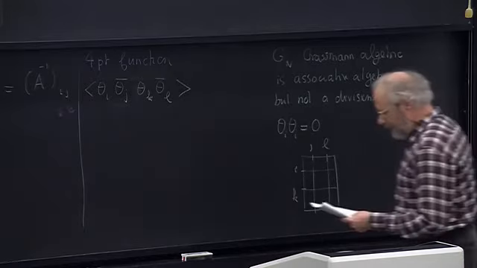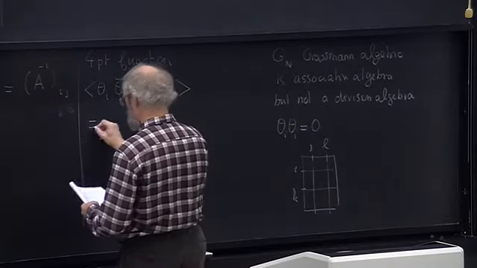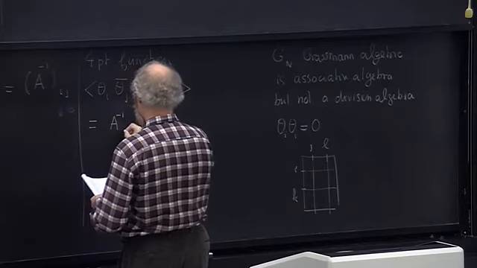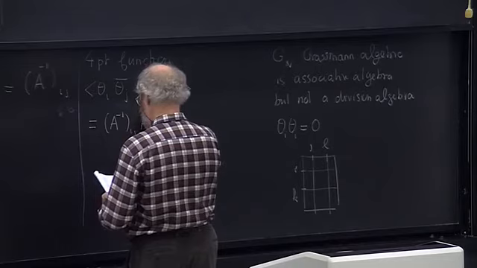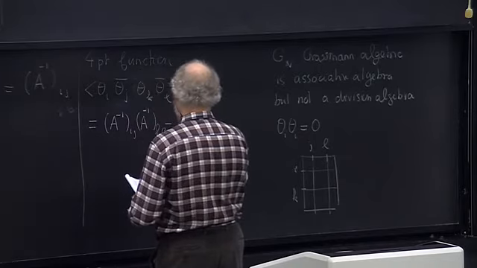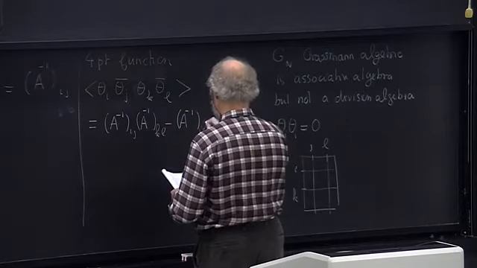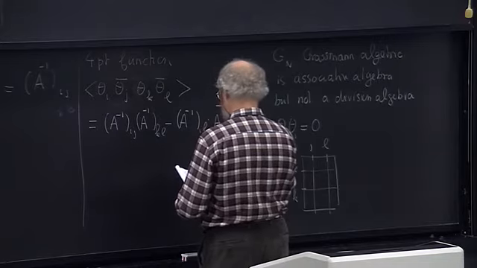Okay. So the result of the calculation is that you get A minus 1 IG times A minus 1 KL minus A minus 1 IL times A minus 1 KG.